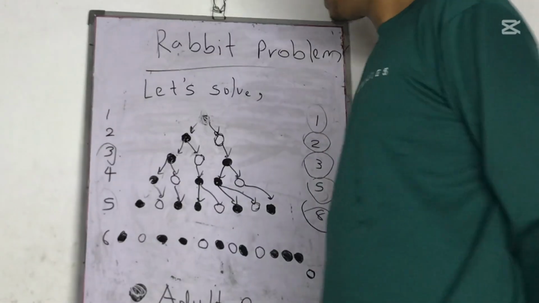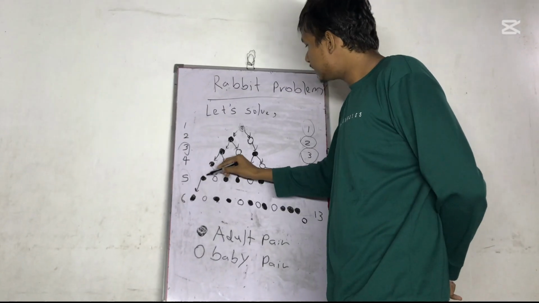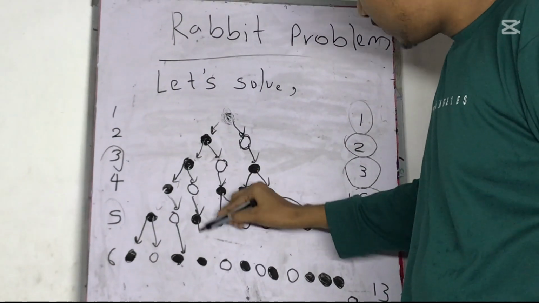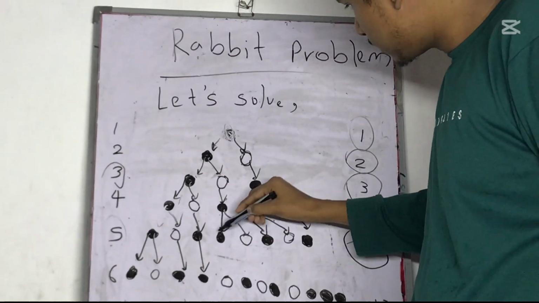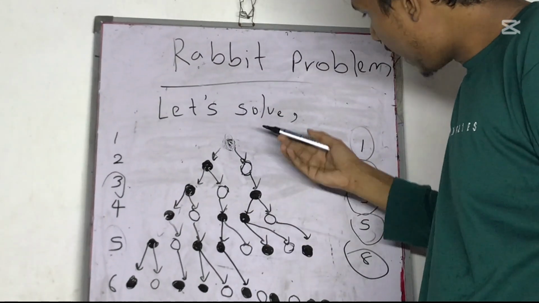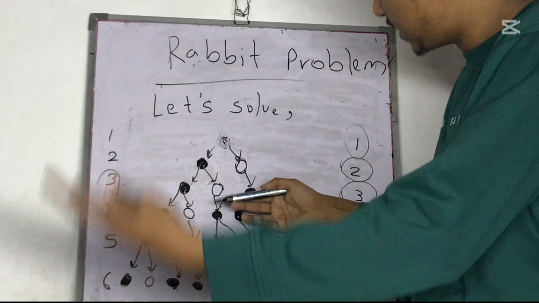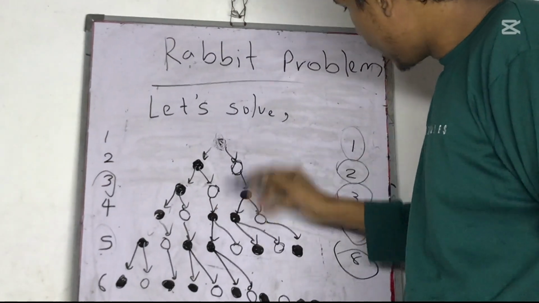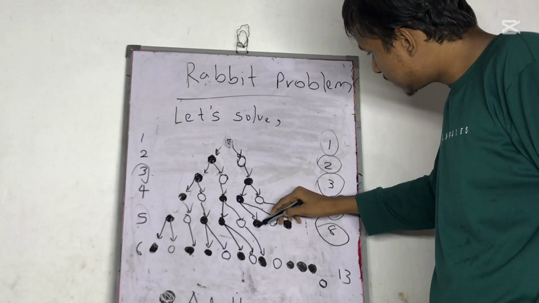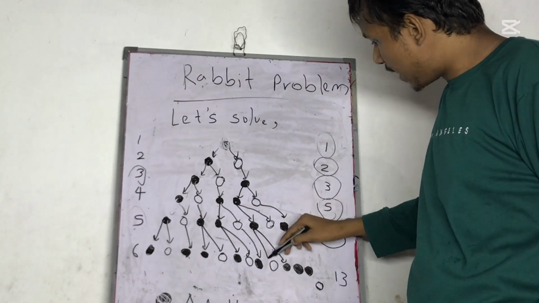So in the sixth month, this adult pair and their babies, this pair is mature, and this adult pair here and their babies here. This adult pair here and this adult pair's babies here, and this pair is now mature, and this is an adult pair and this is their babies.